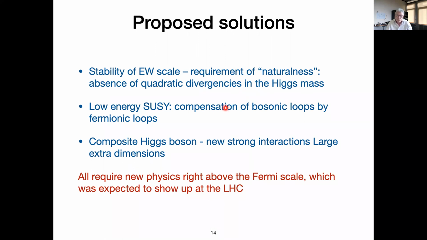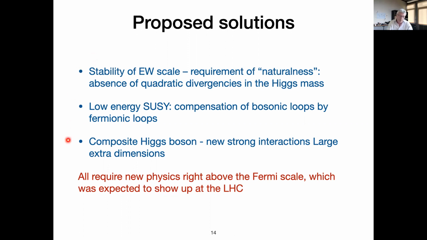For instance, low energy supersymmetry, where the compensation of bosonic loops is happening because of the existence of fermionic loops, and if supersymmetry is broken at small energy scales, then this compensation works at low energies. Another possible solution is a composite Higgs boson, new strong interactions. We can also consider large extra dimensions, which say that the fundamental scale of nature, such as the Planck scale, is in fact not as large as we think.